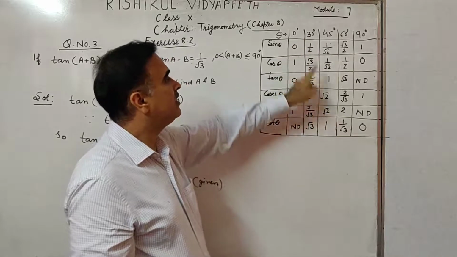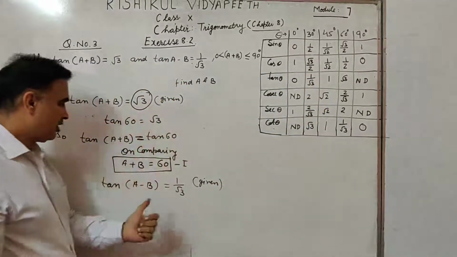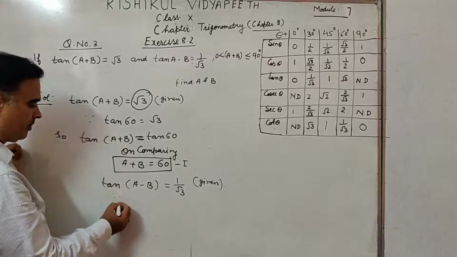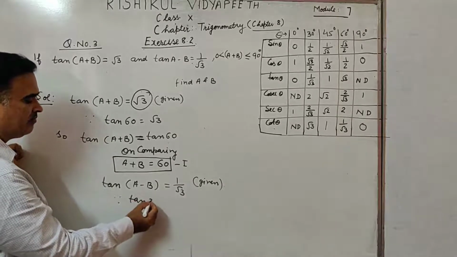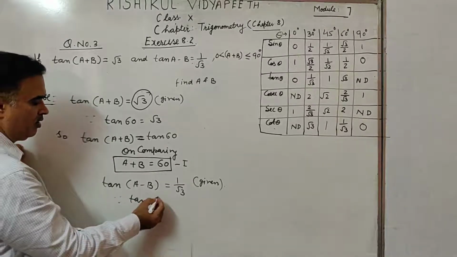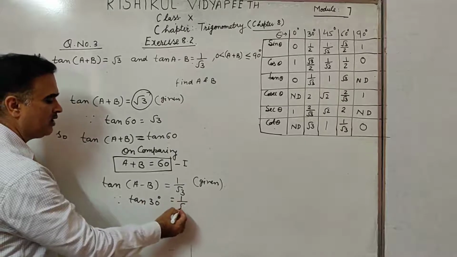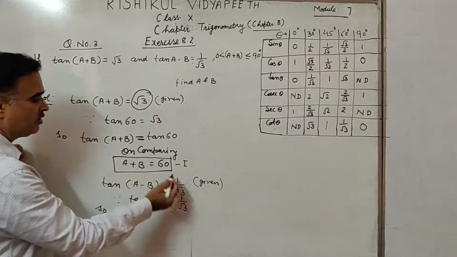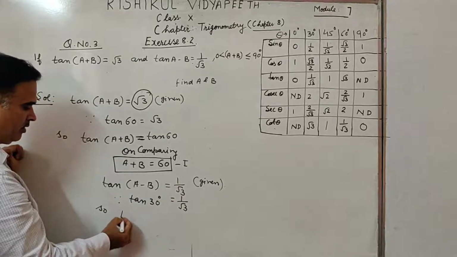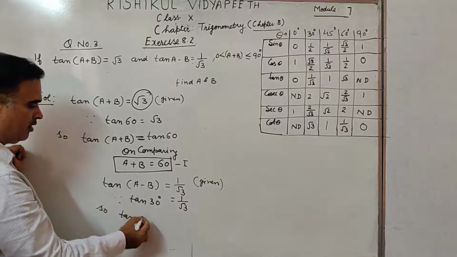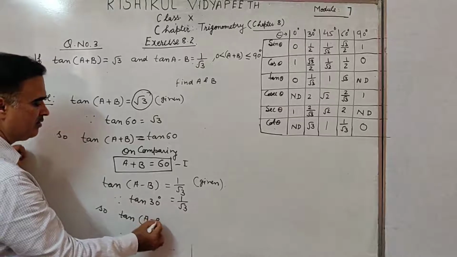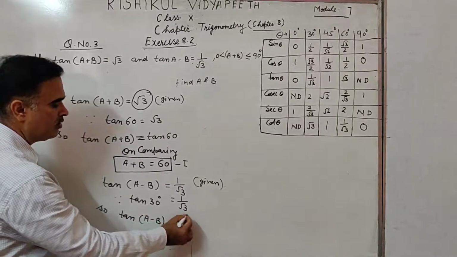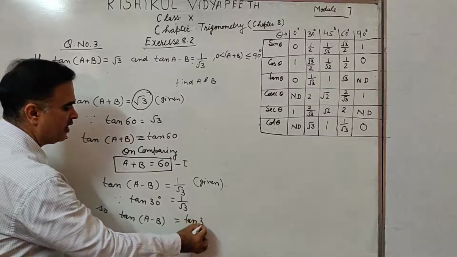So tan 30 is 1 by root 3. So in place of 1 by root 3, we can write tan 30. Tan(a minus b) equal to tan 30.